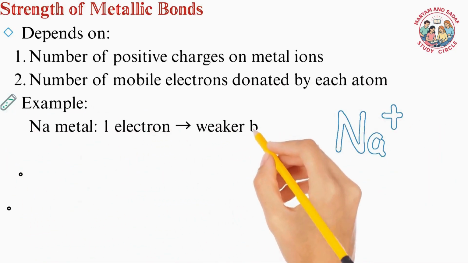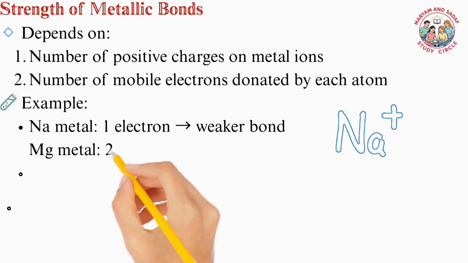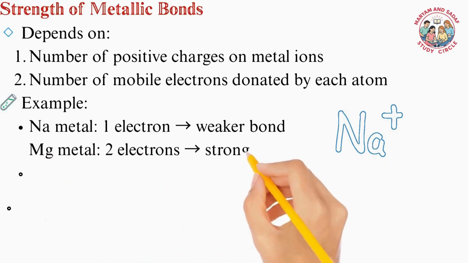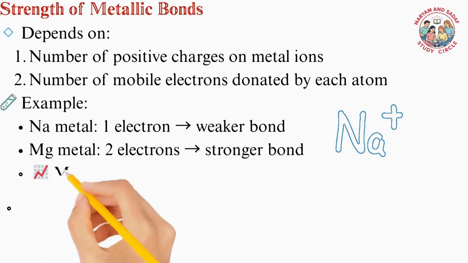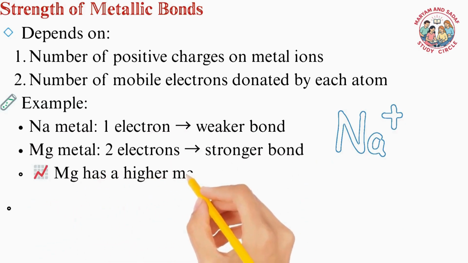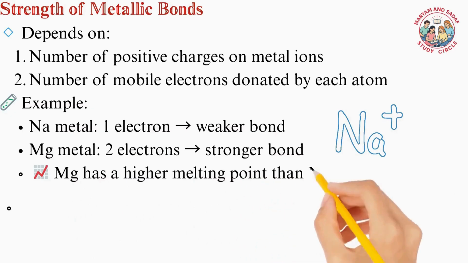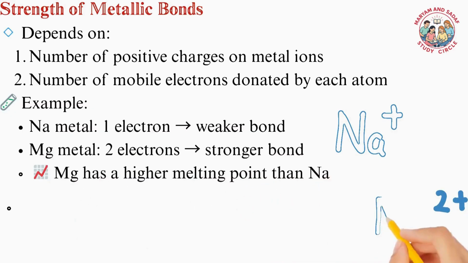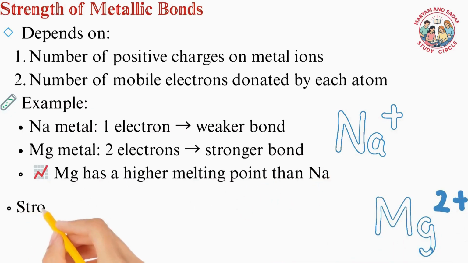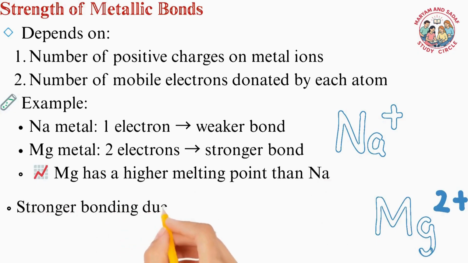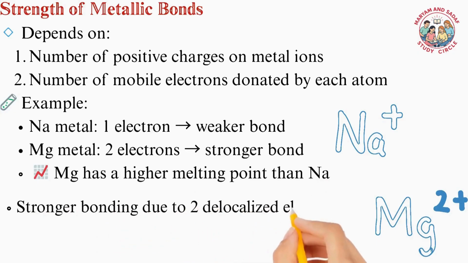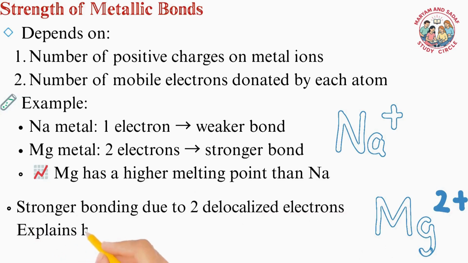Magnesium metal has 2 electrons, which leads to a stronger bond. Magnesium has a higher melting point than sodium. Stronger bonding due to 2 delocalized electrons explains the higher melting point.